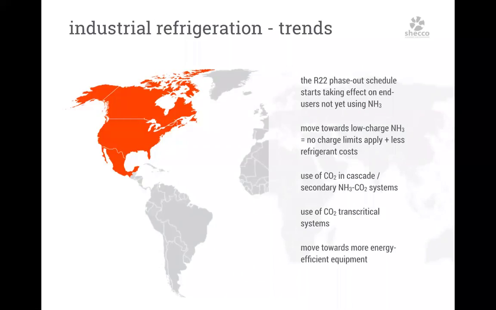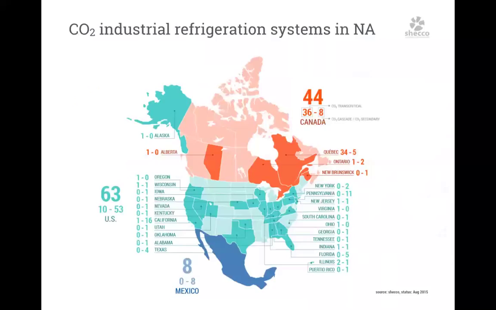And the use of CO2 in cascade and secondary ammonia CO2 systems, the use of CO2 transcritical systems, and generally speaking, a move towards more energy efficient installations. For the first time, we expanded our data collection also to the industrial refrigeration area because we saw that the dynamic developments would make it very interesting to focus on applications that are not pure ammonia systems, but that promise more state-of-the-art or newer types of technologies being developed.